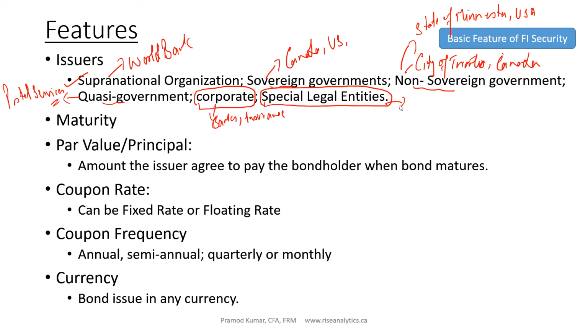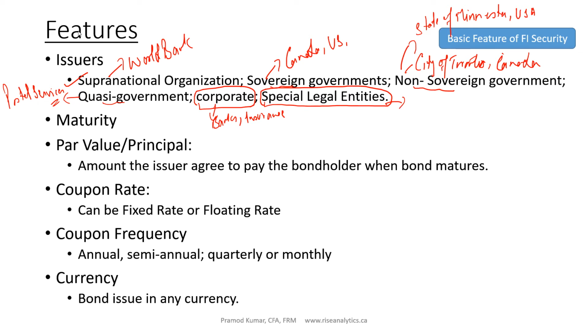We'll cover this in very much detail in the asset-backed securities chapter. But think of the special legal entity, from this chapter preview, as another kind of issuer as well.